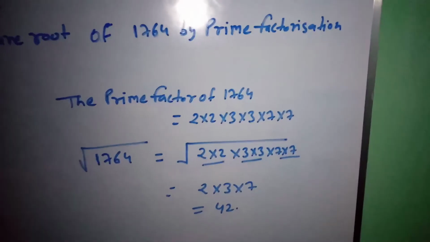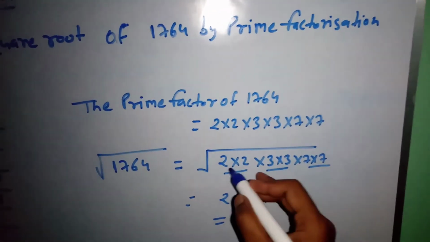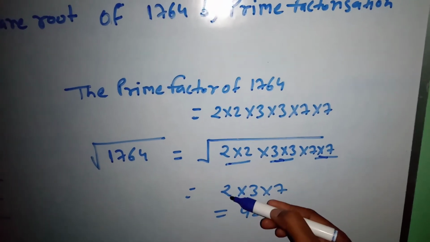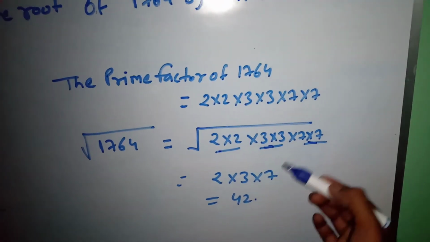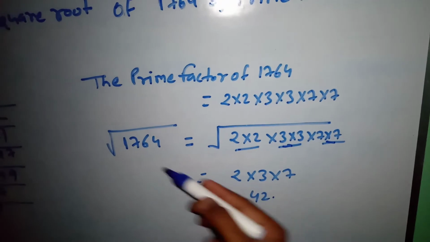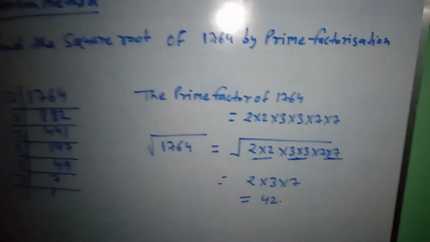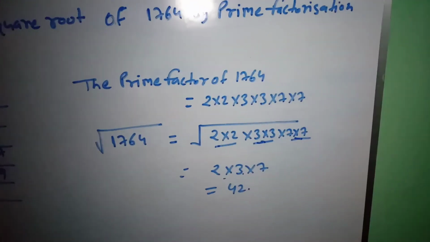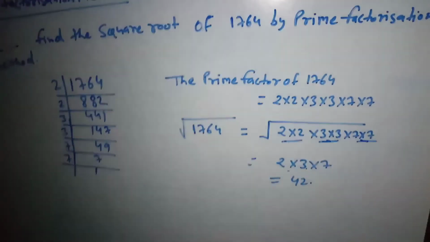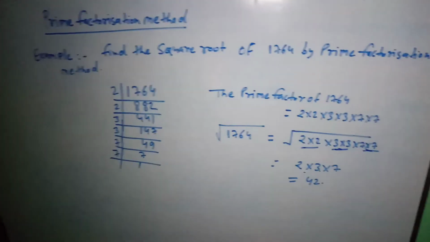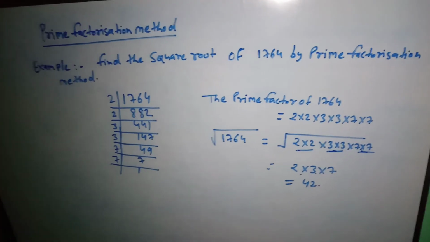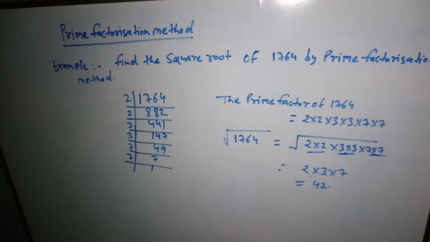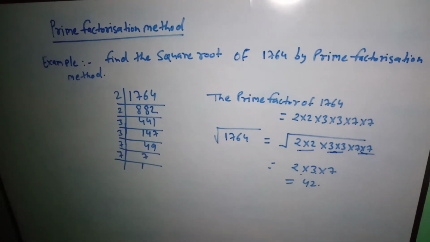We gather them as pairs, and from each pair we take out 1. So here it is 2, 3, and 7. Then the square root of 1764 is 2 into 3 into 7, that is 42. Understood? So this is the prime factorization method of finding the square root. Got it?